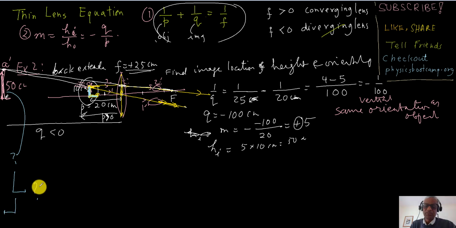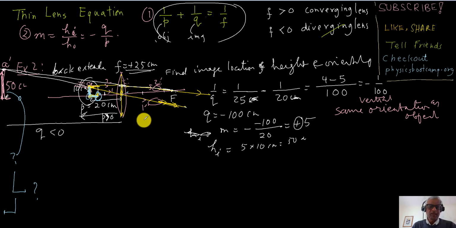What do you think? You need to work out what will happen to this point. Now I have a point closer to the lens than this point. Will the image be closer or on the other side or further? You can work that out. That's a good exercise for you.